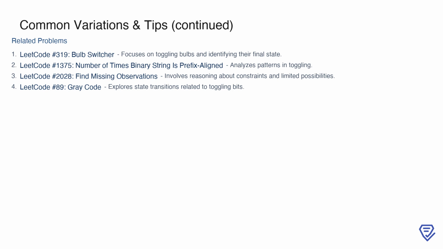LeetCode number 2028, Find Missing Observations, is another example where reasoning about constraints and limited possibilities plays a central role. Lastly, LeetCode number 89, Gray Code, explores state transitions that are conceptually similar to toggling bits, making it relevant for understanding how toggling operations influence outcomes. Exploring these problems can help you build a stronger intuition for pattern recognition and toggling-based logic.